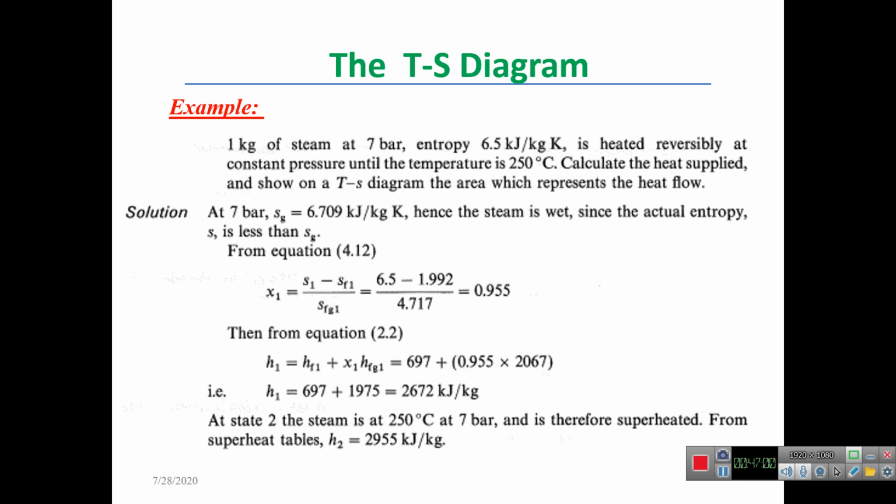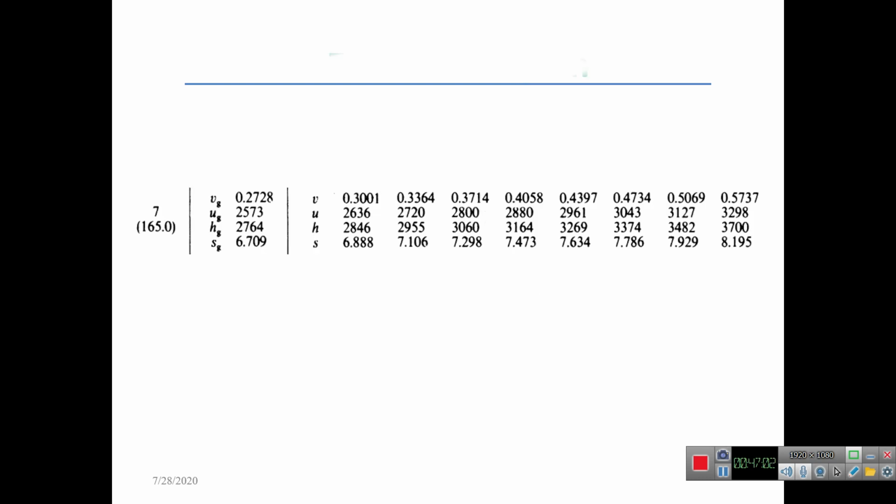Now, from this same part which we have snapped from the tables of properties, we can notice that we have the pressure, and for that pressure we have values of v, u, h, and s, that is specific volume, internal energy, enthalpy, and entropy for different temperatures in the superheat region.